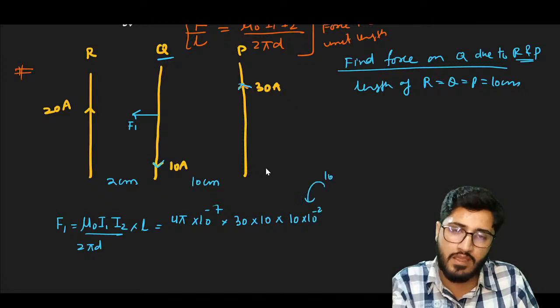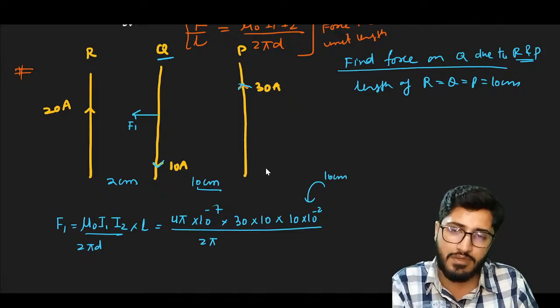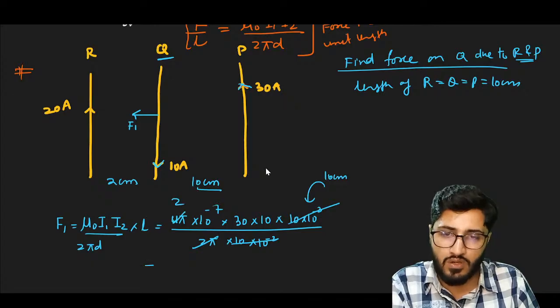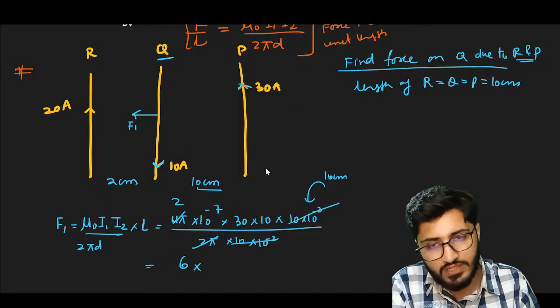Whole divided by 2 pi d. D is 10 centimeter. This thing cancels out. 2 pi, 2 cancels out. Look now. 2 threes are 6. I can write 6 into 10 to power minus 7 plus 2, minus 5, 10 to power minus 5 Newton.